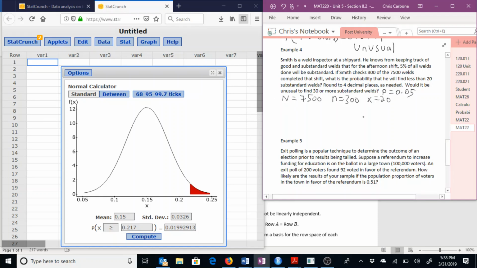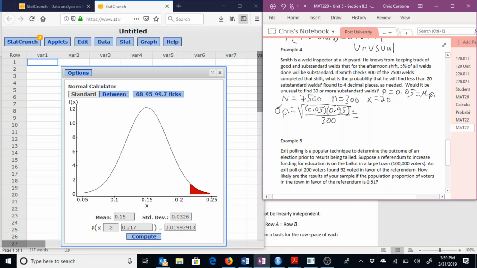So for this, the mean is going to be equal to that 0.05. And then the standard deviation, I'll just do over here, will be equal to the square root of 0.05 times 0.95 divided by 300. And we want the square root of whatever that value is.